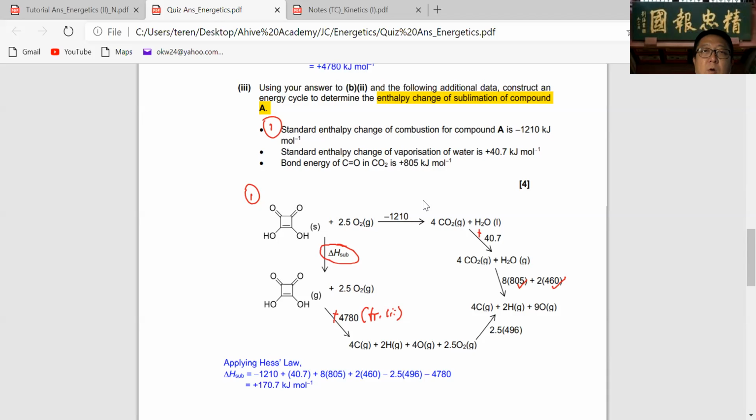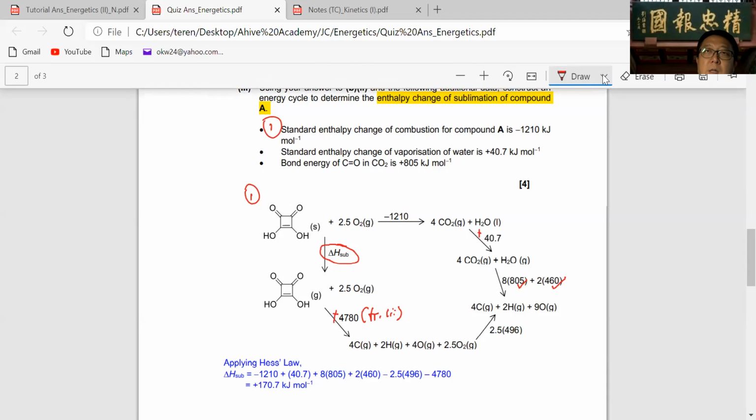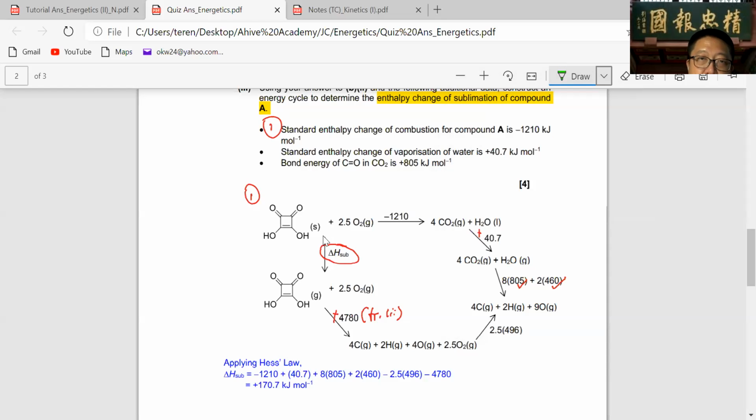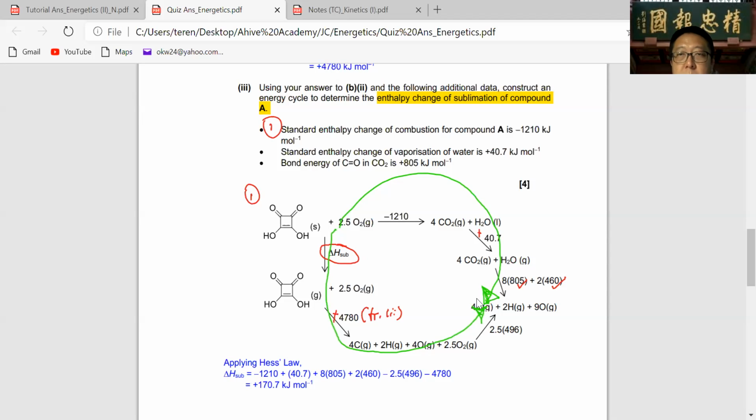Okay, so then you can build the whole cycle, and then you can use Hess's law. Let me use a green color. I start from here all the way here, anti-clockwise.